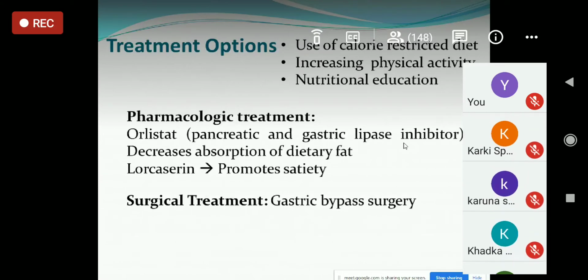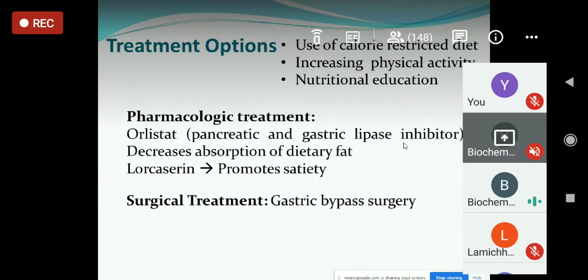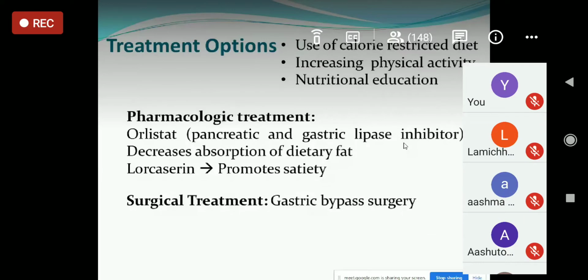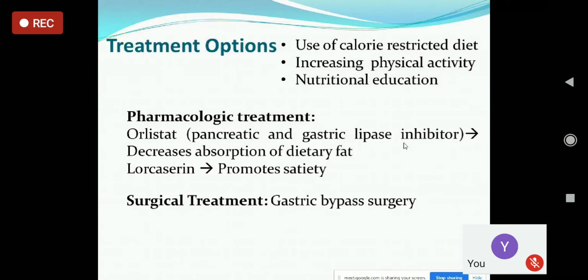If these do not work, then you can go for pharmacologic treatment with drugs like orlistat and lorcaserin. Orlistat is a pancreatic and gastric lipase inhibitor. So when you give orlistat, fat digestion does not take place properly, due to which there is a decrease in the absorption of dietary fat.